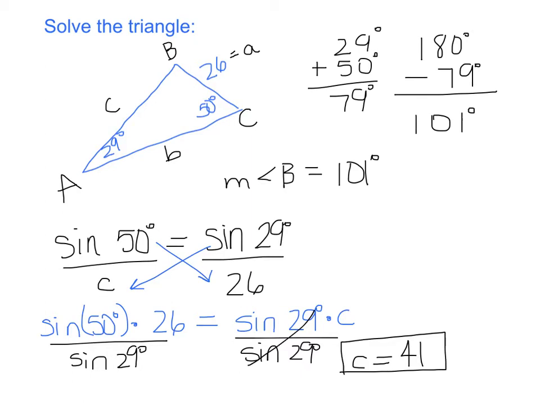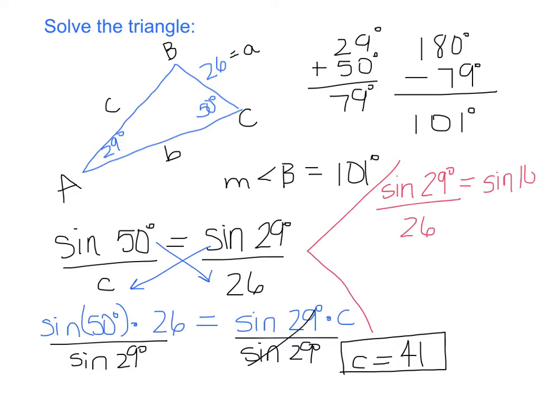Okay, and then we have to find little b. I'll use a again: sine of 29 degrees over little a, which is 26, equals sine of 101, because that's big B, over little b.